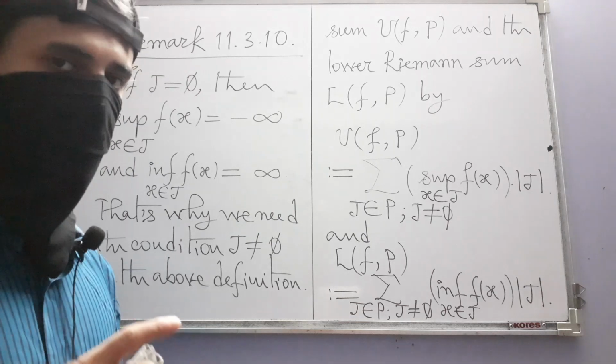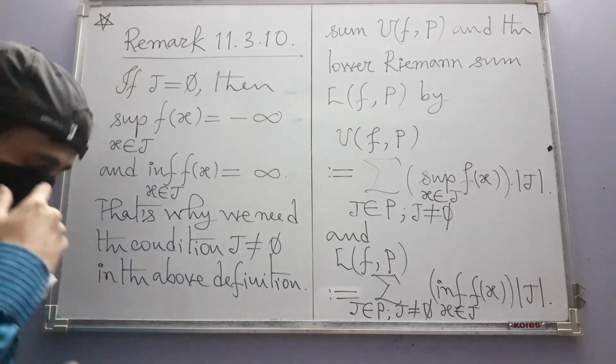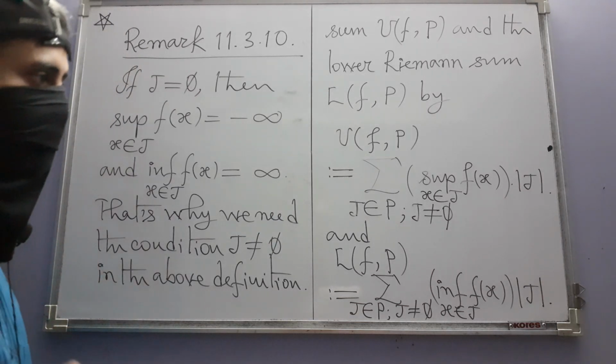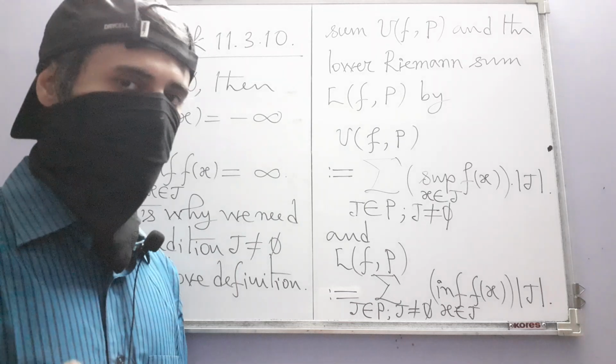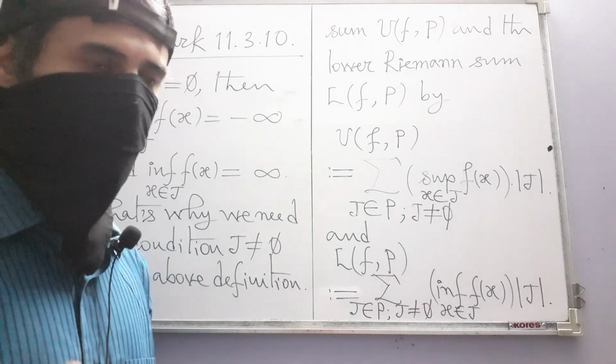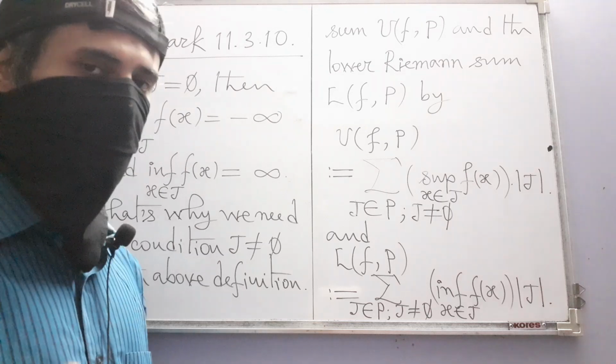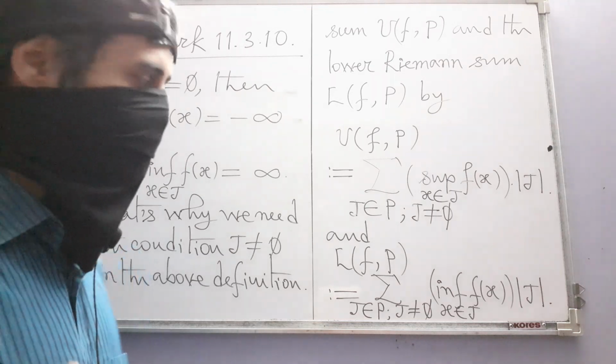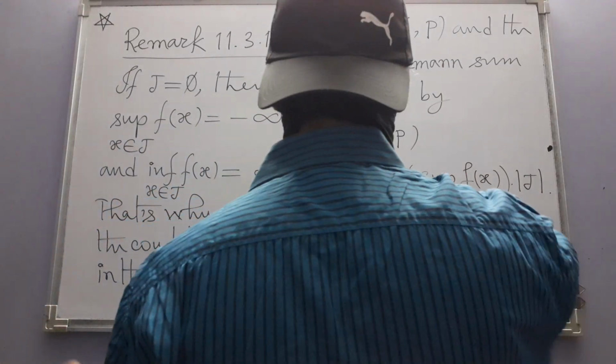So, are we getting something new? No, we are actually not getting anything new. We are in fact getting the same notion of integrability and same integrals also. So, the next two results are going to ascertain that.